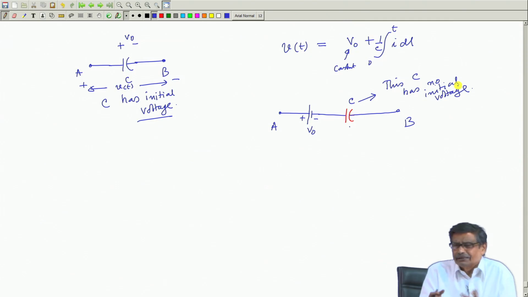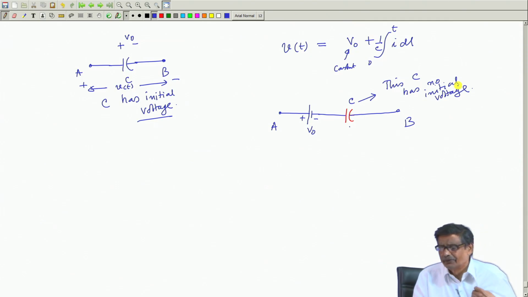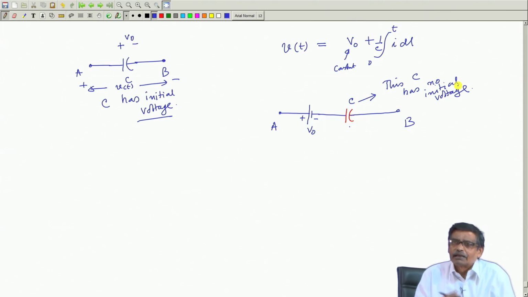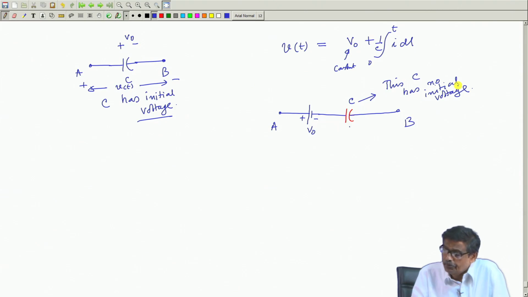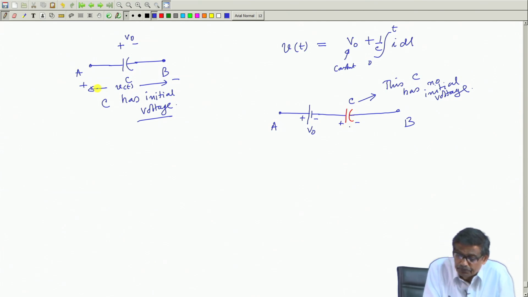In the circuit there will be sources present, and another source comes, but to solve the circuit I will apply superposition, then for V naught also I will solve the circuit. But the only thing to be remembered, the voltage across the uncharged capacitor is not this V t. Ultimately, in the circuit V AB is the terminal voltage of the capacitor.